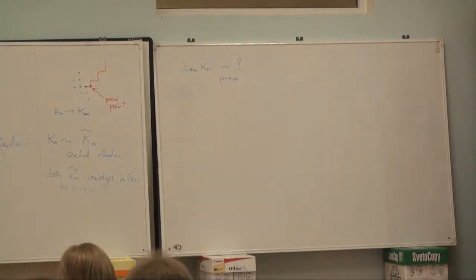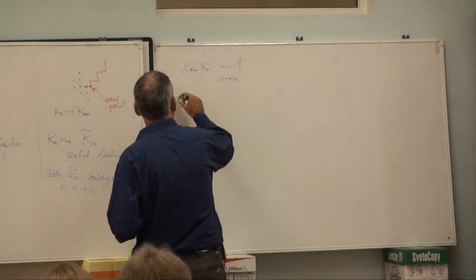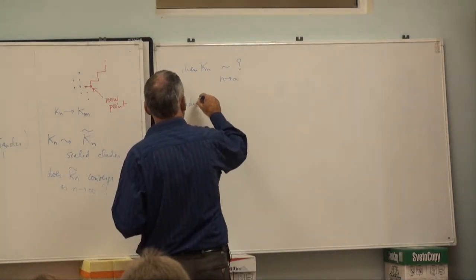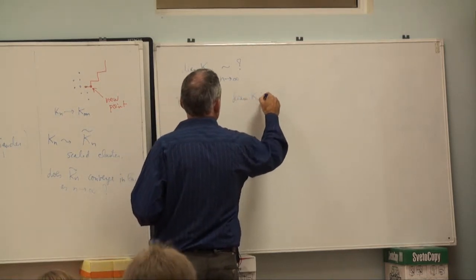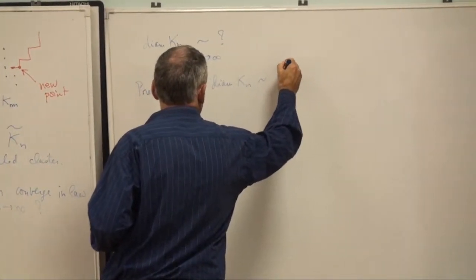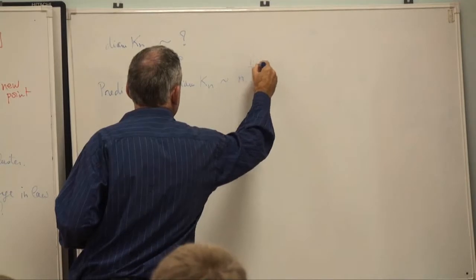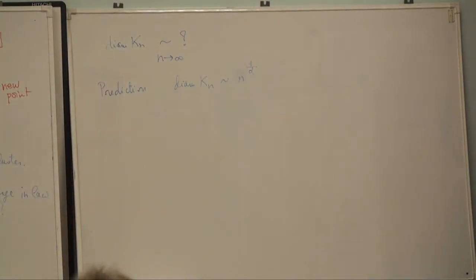It is predicted that this diameter has a power law as n goes to infinity. So the prediction: the diameter of Kn scales like n to some power, say, let's say 1 over d, because d in this case will be the predicted Hausdorff dimension of the limit.